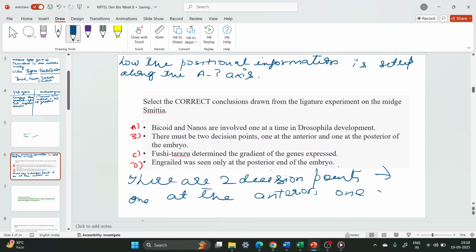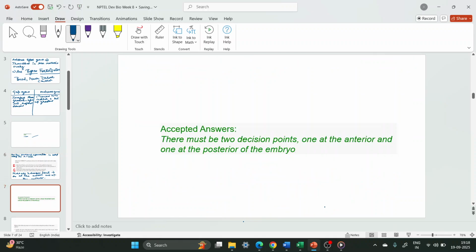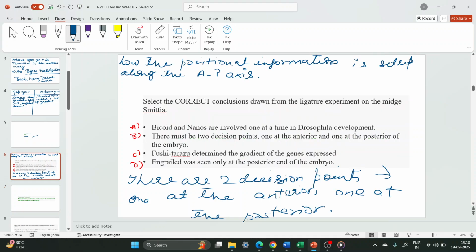Now let us look at the options and try to understand them. The correct answer is there must be two decision points, one at the anterior and one at the posterior of the embryo, something that we have just discussed.